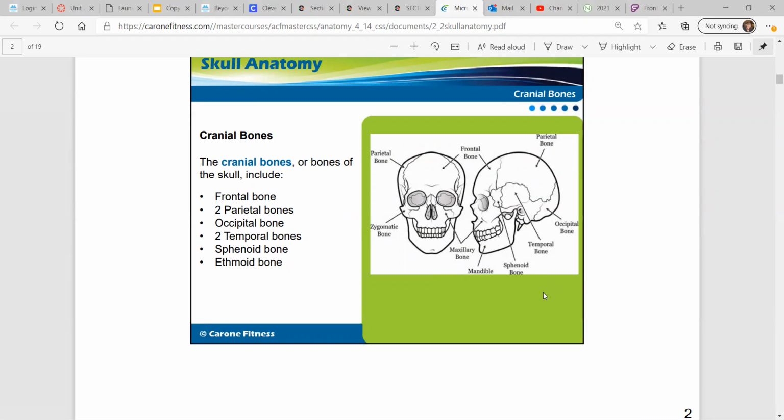The cranial bones, another name for the bones of the skull: we have the frontal bone, the 2 parietal bones, occipital bone, 2 temporal bones, sphenoid bone, ethmoid bone.